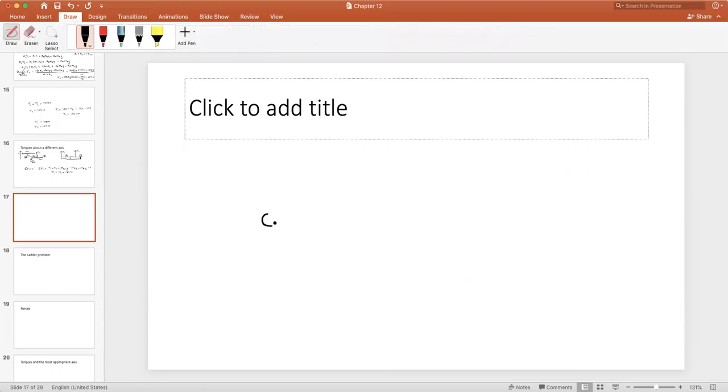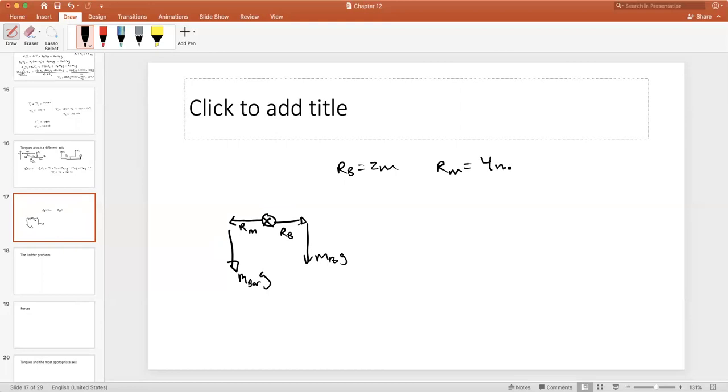So let's draw all of our torques. I'm going to call this RB, and my RB is 2 meters, and then I have the weight of MBG. I'm going to call this R to the center mass. So I have the mass of the bar times G, and R to the mass was 4 meters.